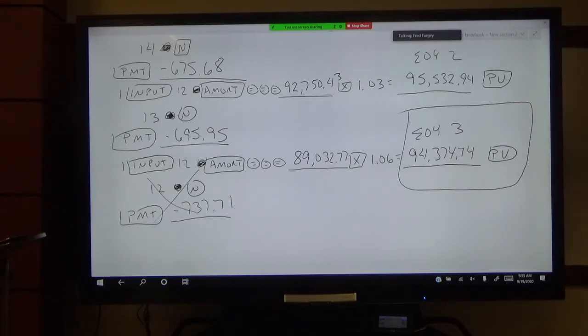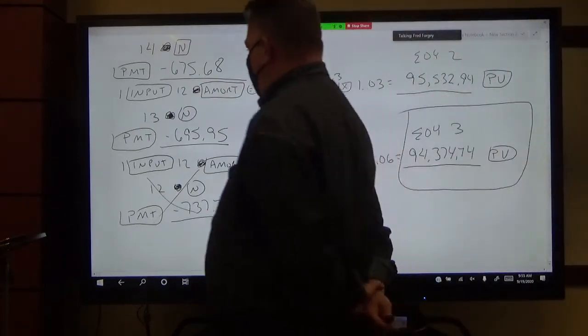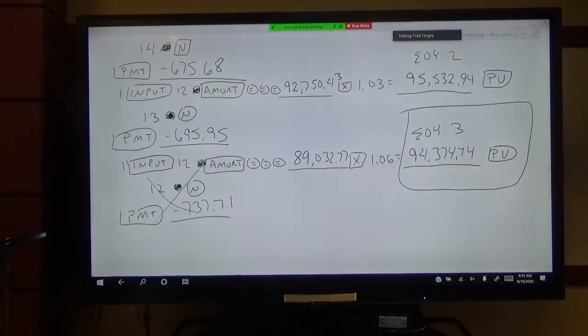Okay, so I'm going to see if you can figure it out on your own. I'm going to give you a couple of minutes. By now, you should have the logic to be able to work through this. So what I want to know is what the lender's yield is, assuming you pay off this loan at the end of year 3. You're going to have to use cash flows.